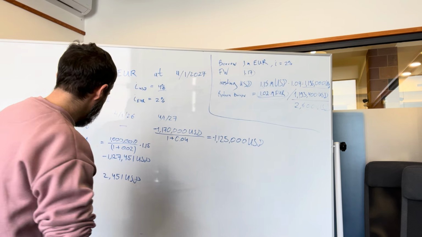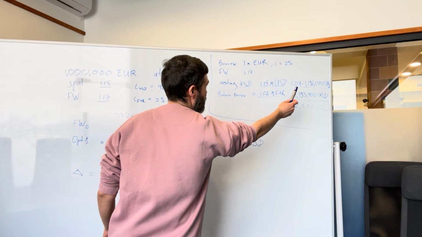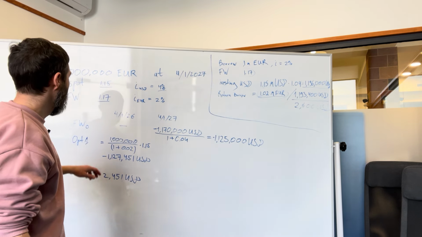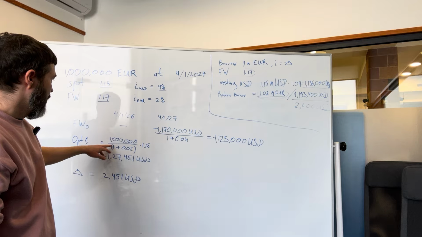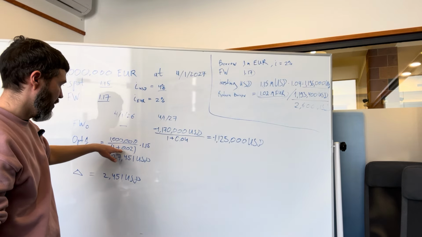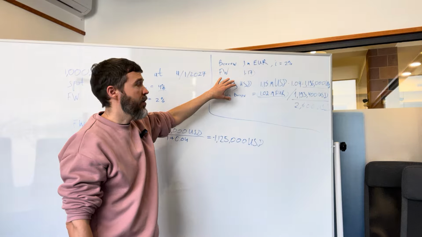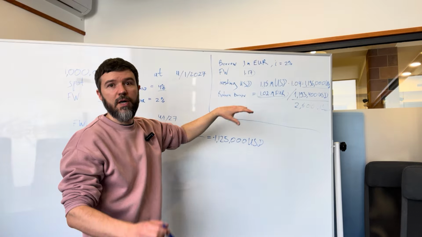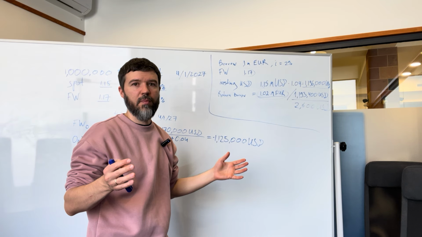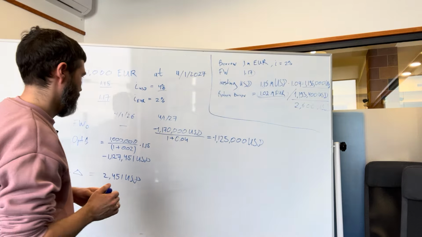By the way, it's different here because I used slightly different numbers. Remember, we discounted 1 million here to have 1 million in the future. Here I just played with 1 million as a rounded number to make it simpler.